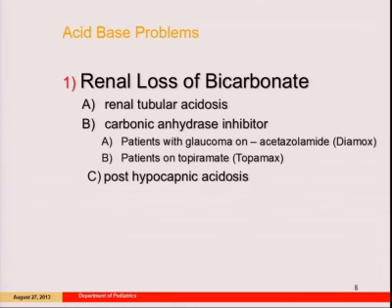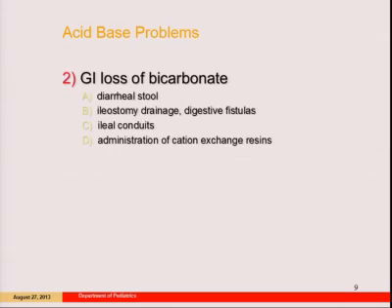Patients with glaucoma are often on Diamox, and topiramate is being used more and more frequently both for seizures and migraines, and it is a mild carbonic anhydrase inhibitor. And the last one is post-hypocapnic acidosis, which is seen primarily in the ICU and is probably not going to be of concern to you.